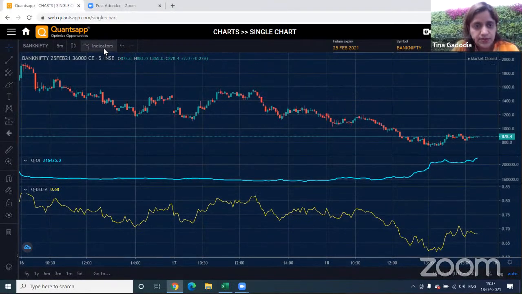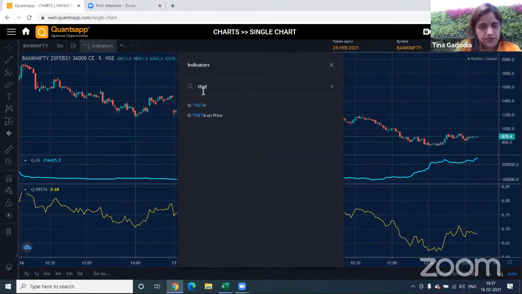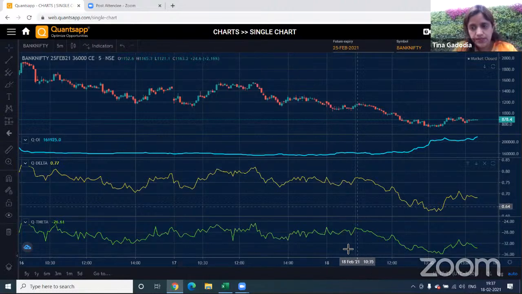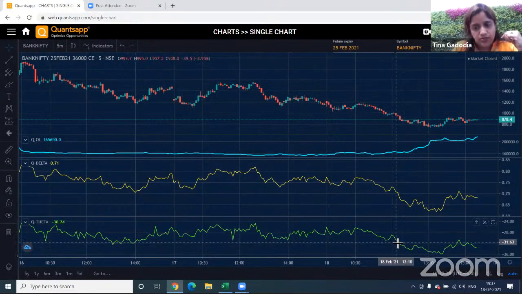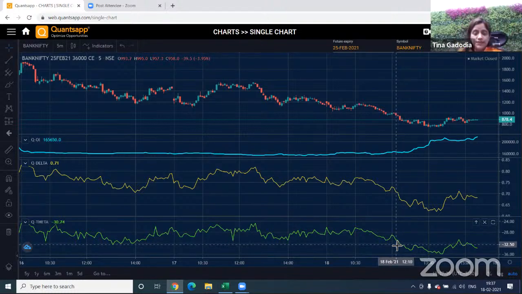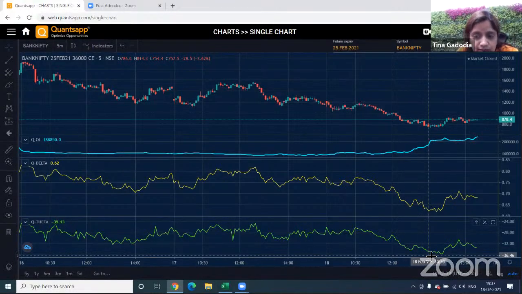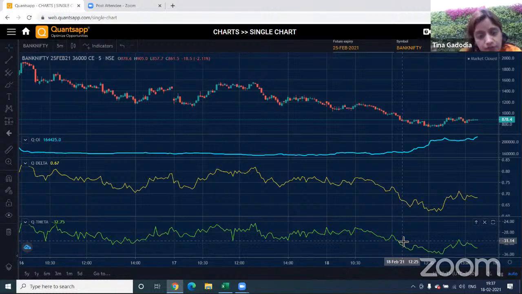If I want to put some other indicator, so this is the theta. So if you look at the theta, it is also now increasing because as we come closer to the expiry, it's a monthly expiry. At the start, we did not see much of the theta, but now you see the theta is coming down. And as the option becomes more at the money, you also know that the option becomes very, very sensitive.